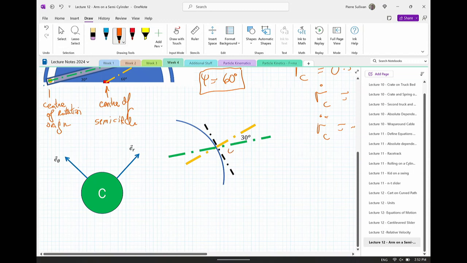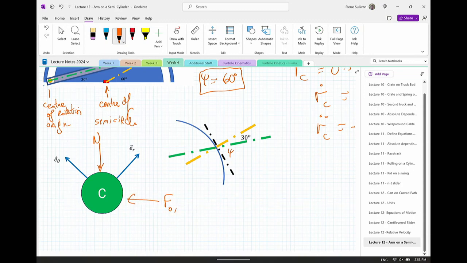You have psi here, and you have sum of forces in r and theta. You have a normal force, you have a force of O on A, you have a theta, and you have a r. So you have all of the terms that you need to make this work.